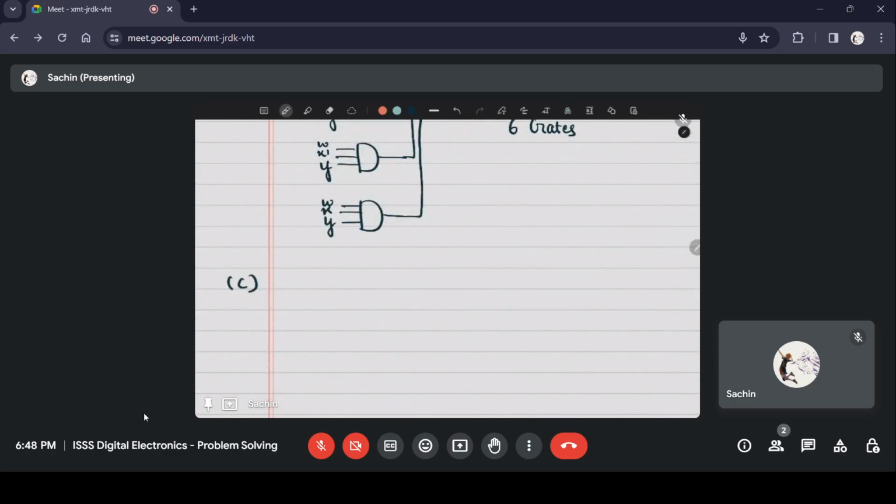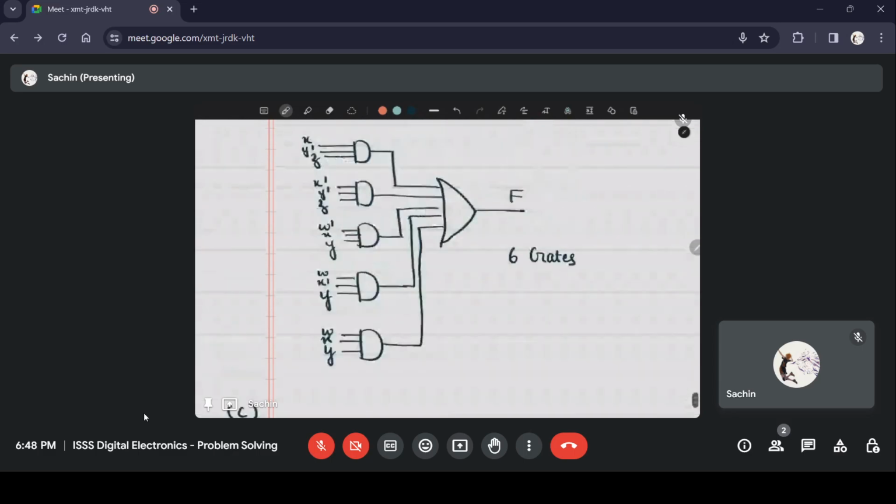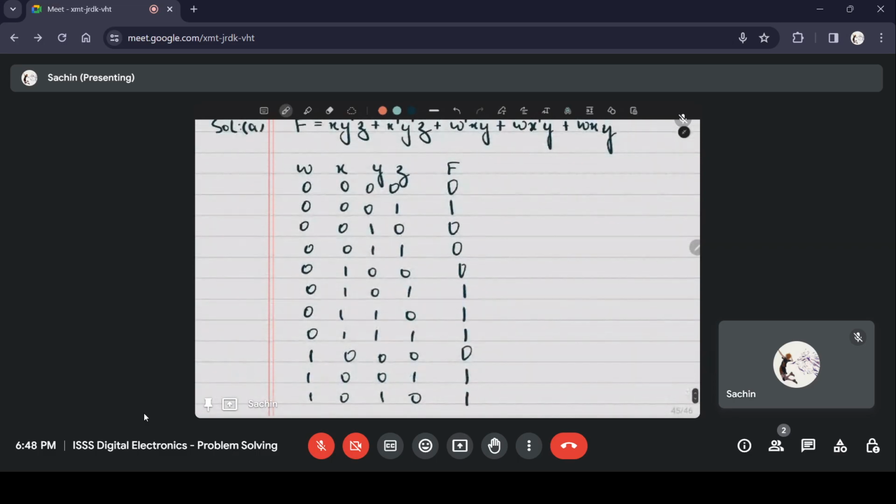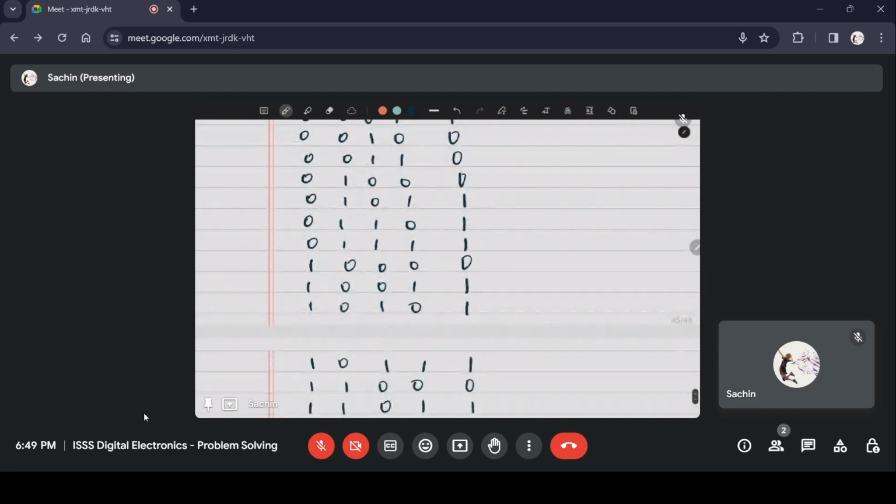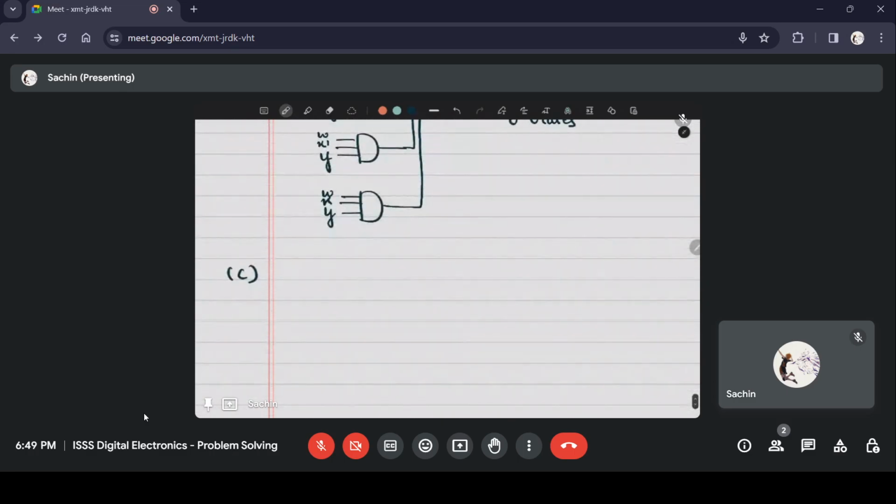Part C, we have to simplify this. So let me copy down the expression again.